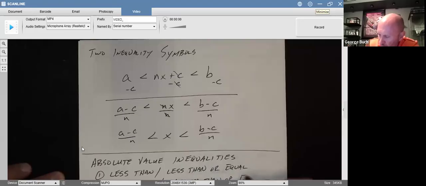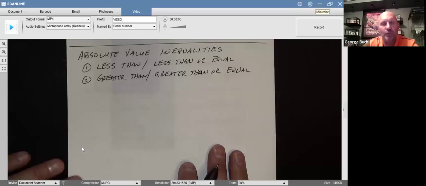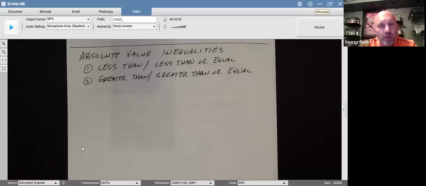Sorry, let me move that up. So we have two types: less than or equal to, or greater than or equal to. And depending on what type we have, we solve this in two different ways.